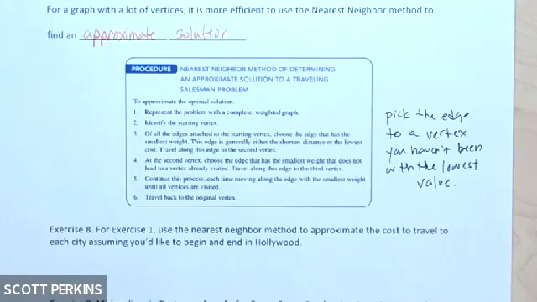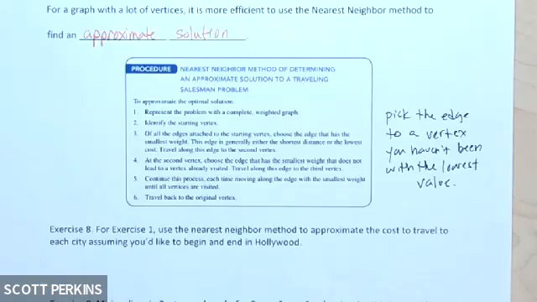First, you're going to do exercise 8 for me. And you're going to go back and use the graph on page 1 for that one at the bottom with the 6 vertices. And you're going to use the nearest neighbor method. You're going to do the best you can to approximate the cost of travel to each city, assuming you'd like to begin and end in Hollywood.